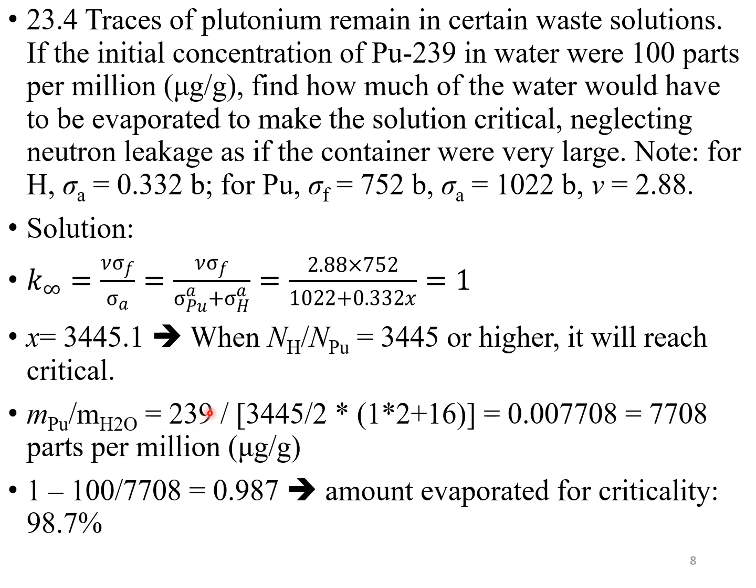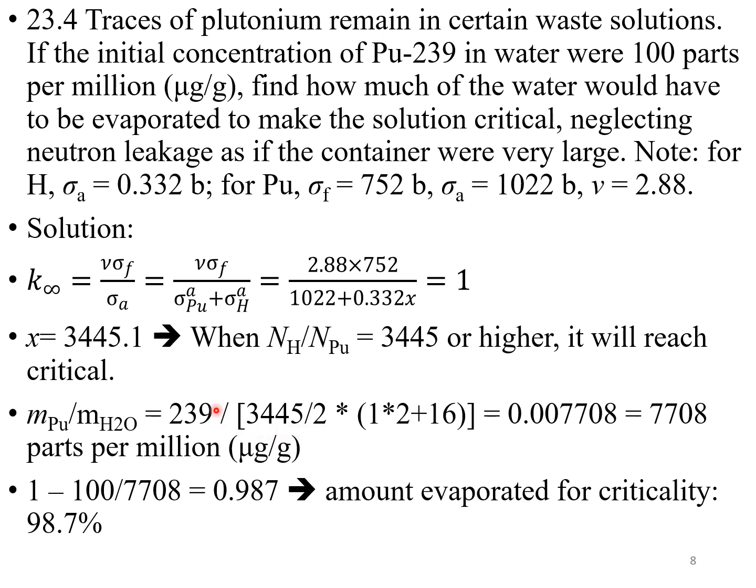So for 1 mole of plutonium, we have 3445 hydrogen, and each H2O molecule contains 2 hydrogen atoms. So we need to use this value divided by 2. So that is the molecular ratio, the number of moles.